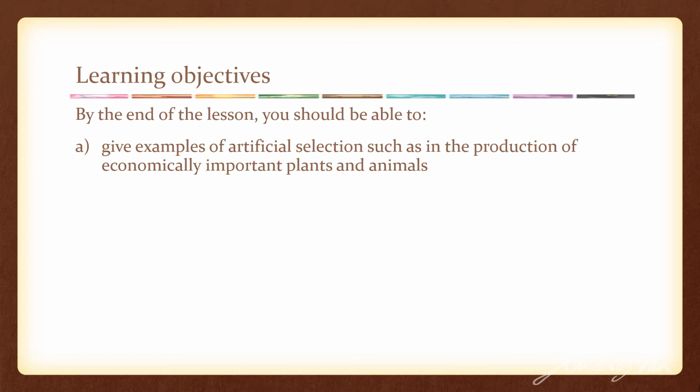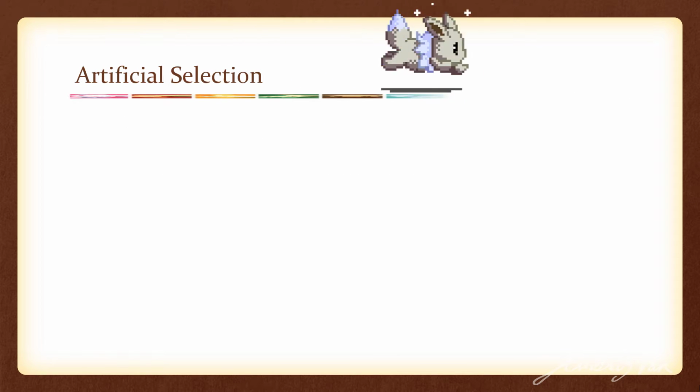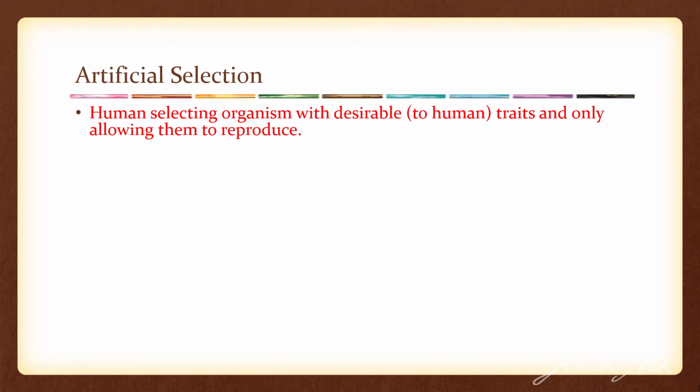But first, what is the meaning of artificial selection? Artificial selection is human selecting the organism with traits desirable to human, as opposed to desirable to organism of the opposite sex, or desirable to survive in the environment.